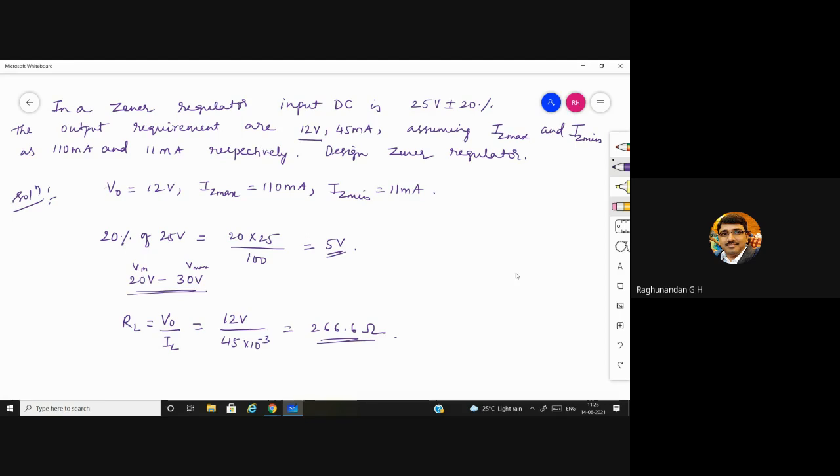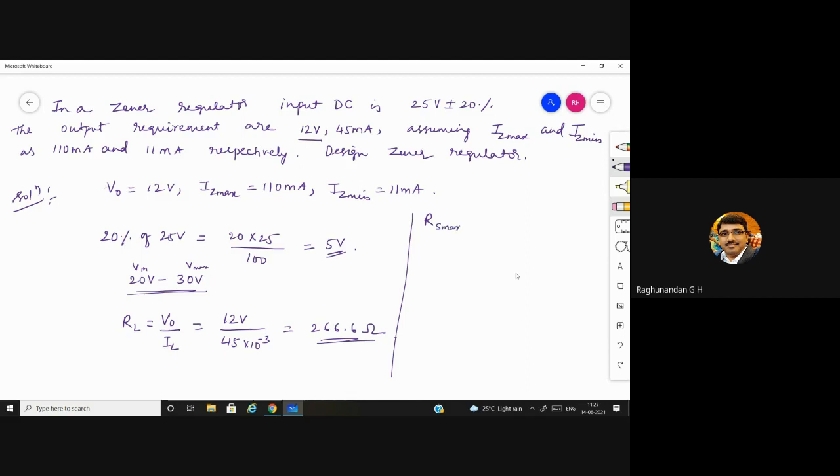If you have the book, this problem is on page number 75. I have just changed the values. There is a small mistake: instead of IL, it is printed as IZ. Change that to IL. RL is equal to V naught by IL. After that, we have two formulas.